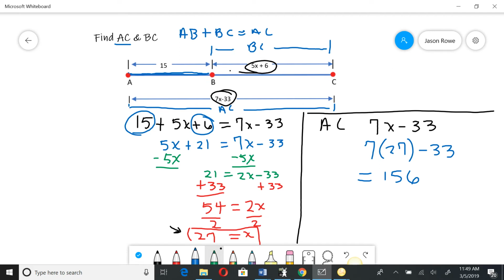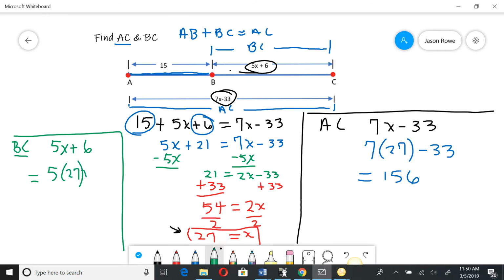And then we're going to find, over here, BC. Okay, BC is 5x plus 6. Again, we're going to replace x with 27. So 5 times 27 plus 6.